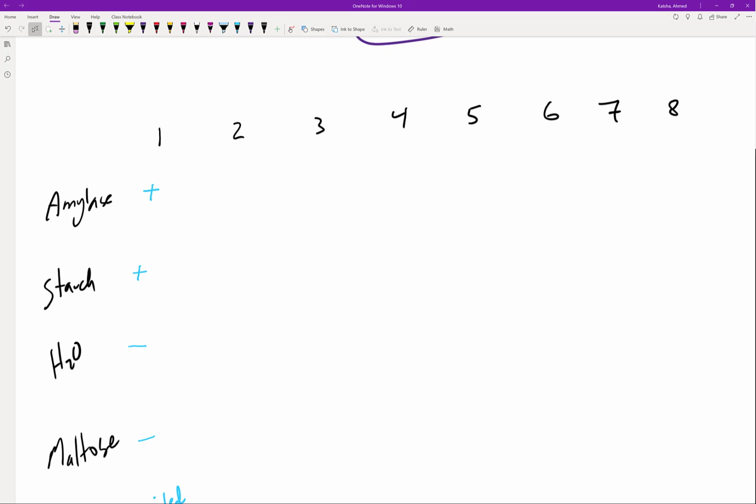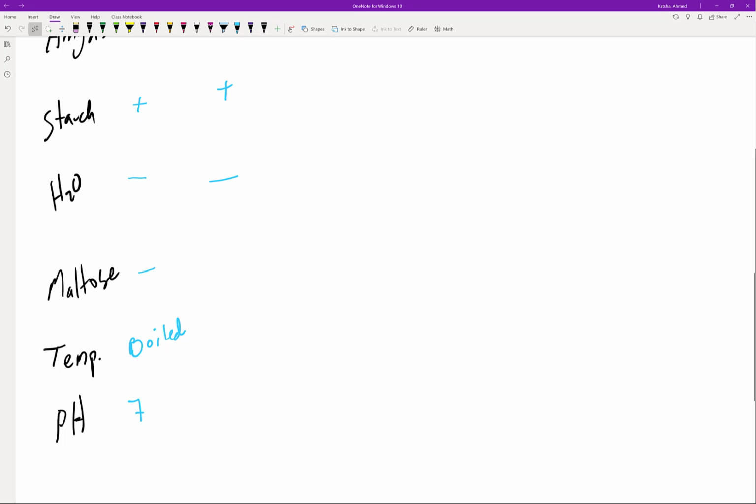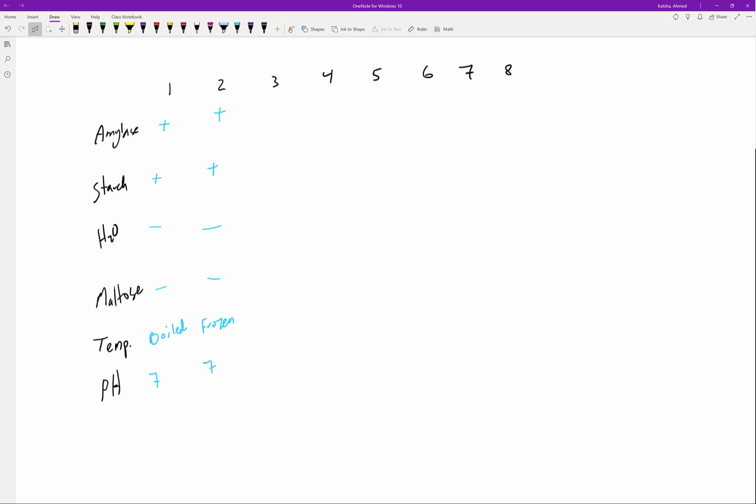The second tube also had amylase and starch, no water, no maltose. It was frozen and the pH was 7. Third tube, also amylase, starch, no water, no maltose, no temperature treatment, and pH was 7. Tube 4 has amylase, but it did not have starch, and instead it got water, no maltose, no temperature treatment, and the pH was 7. Tube number 5 did not get amylase. It has starch.